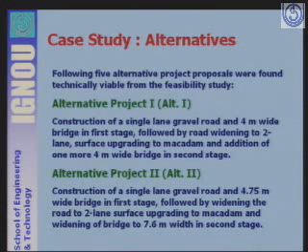Likewise, the second alternative is the construction of a single lane gravel road and a 4.75 meter wide bridge in the first stage, followed by widening of the road to 2-lane, surface upgrading to macadam and widening of the bridge to 7.6 meter in the second stage, whereas in the first alternative it was 4 meter. So there are 2 stages envisaged for these 2 alternatives.